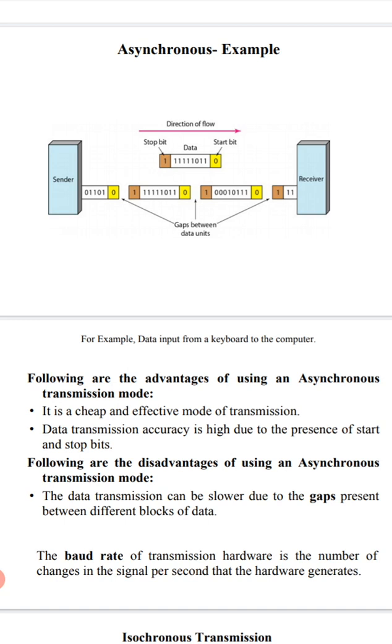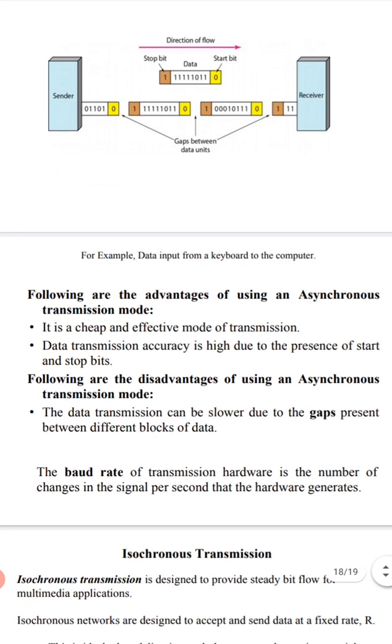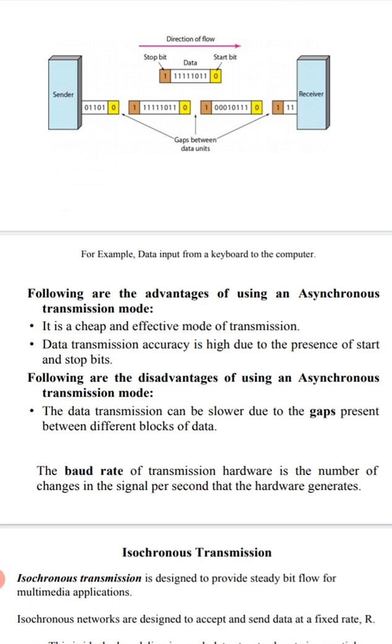So when you send a number of bytes, each and every byte has a gap between the bytes. So this is a gap, then stop bit, start bit, then data. Here the data input is normally from a keyboard. Using the keyboard only we can give the input to the computer.